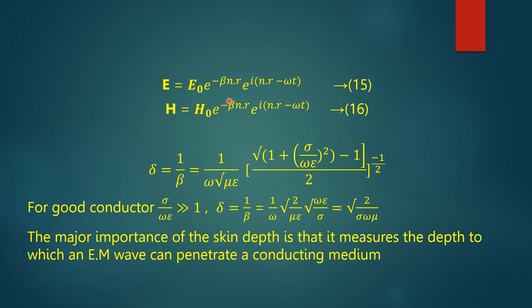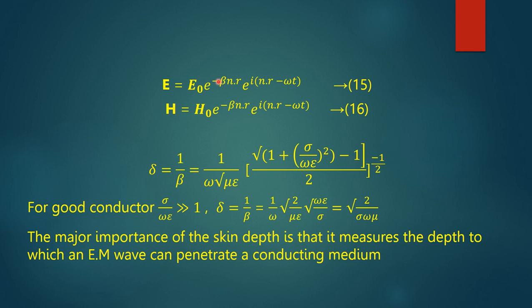The wave given by equations 15 and 16, that is these two equations, shows an exponential damping, here e to the power minus beta n dot r, and this minus beta n dot r is the exponential damping or attenuation with distance r. Greater is the value of beta, greater is the attenuation.